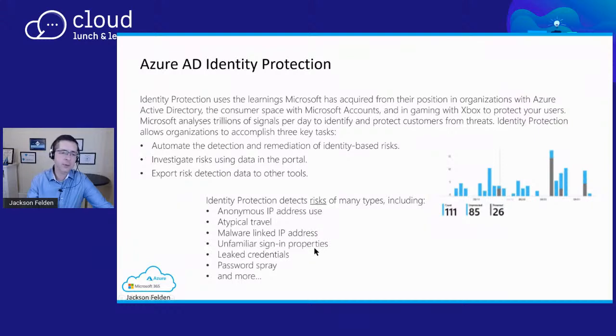Unfamiliar sign-in properties, leaked credentials, password spray. Pretty much the things I've been talking about already are part of it. Again, unfortunately, those detections don't happen if you don't have the right license. But if you do have it, let me show you.